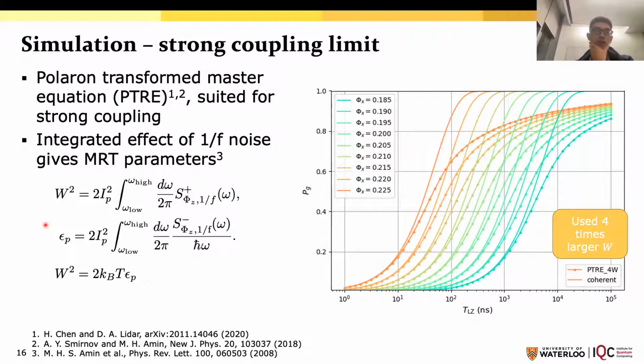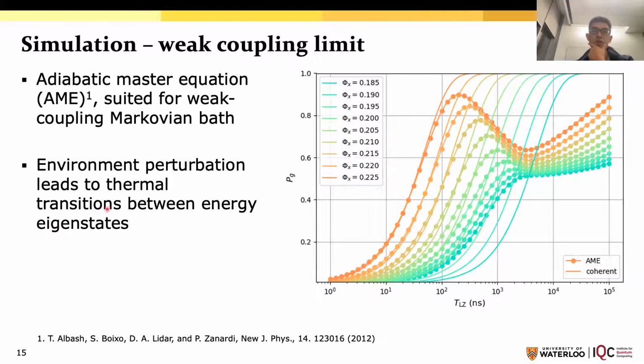Yeah, and I should also say that for the low frequency part, we impose a cutoff on that noise PSD, because it would be divergent otherwise. So the low frequency cutoff we impose is 10 megahertz, which corresponds to the smallest minimum gap we have in the measurement.